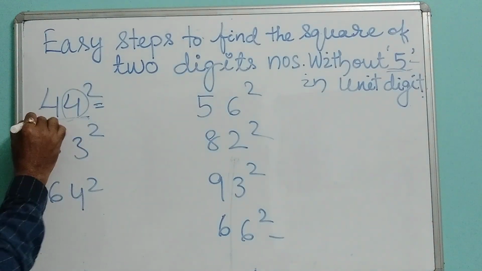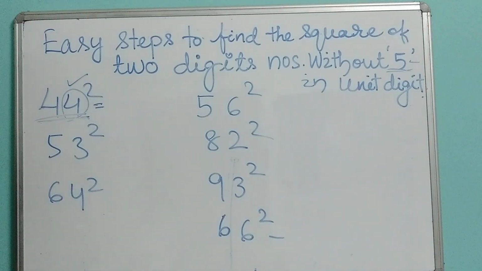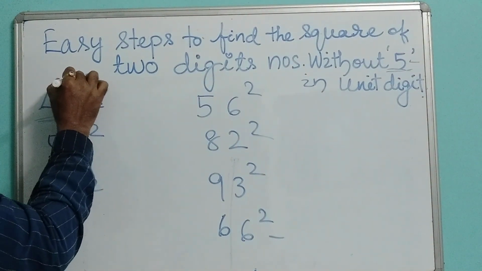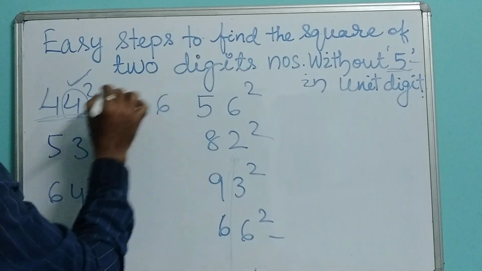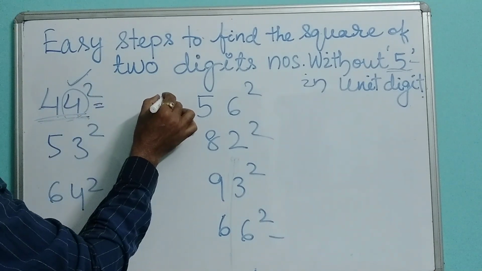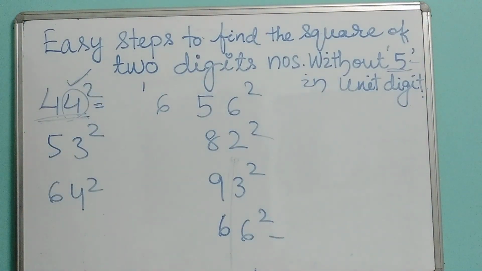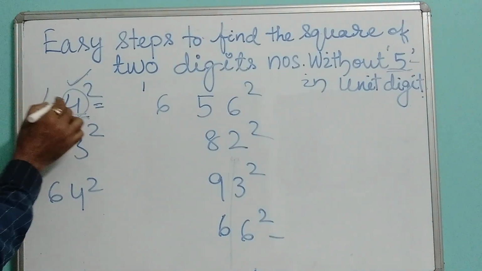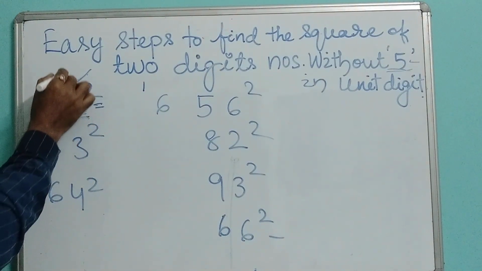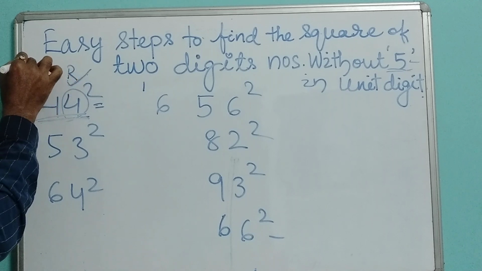Let us consider 44 square. First step: right-hand side digit square. 4 square is 16, write 6 and carry 1. Second step: right into left into 2.